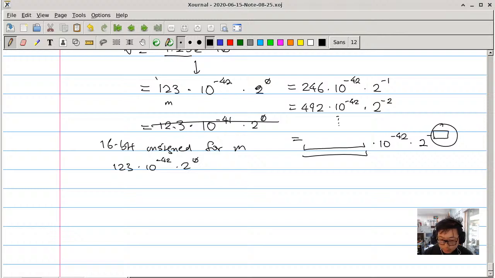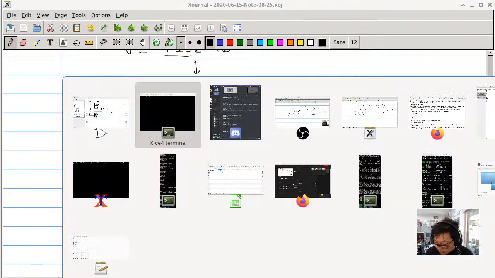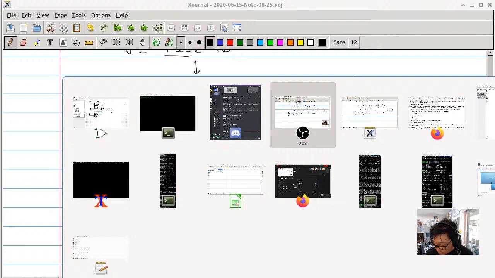This is where we start. So we'll work with doubling m until we cannot double it any further. I'll show you how we can do this. I'm going to use a terminal. Well, I think a spreadsheet works better in this case, so I'm going to go back to the spreadsheet. So where's my spreadsheet?